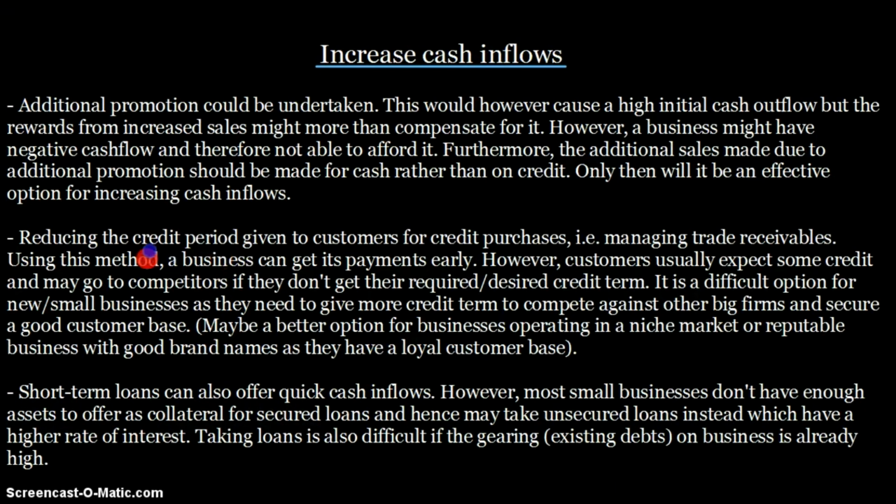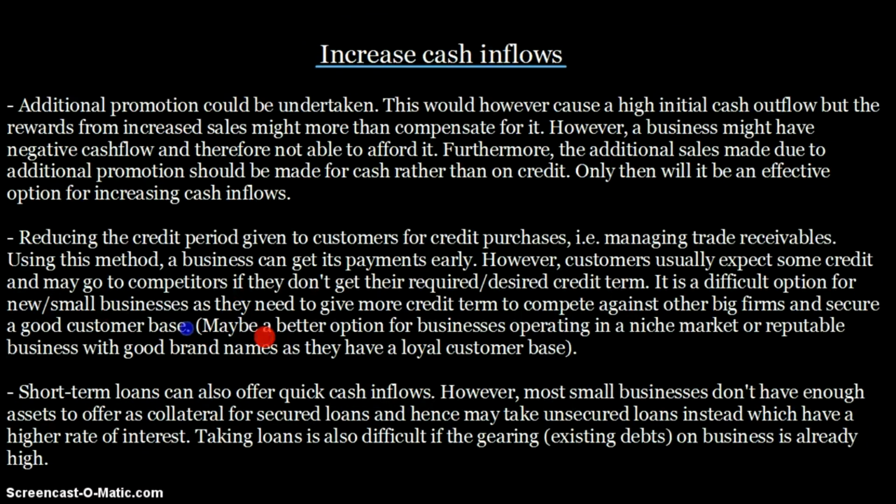Another method is reducing the credit period given to customers for credit purchases, that is, managing your trade receivables. In this point we are going to talk about how we can manage your credit sales. We want to reduce the credit term, or perhaps just completely discontinue it.